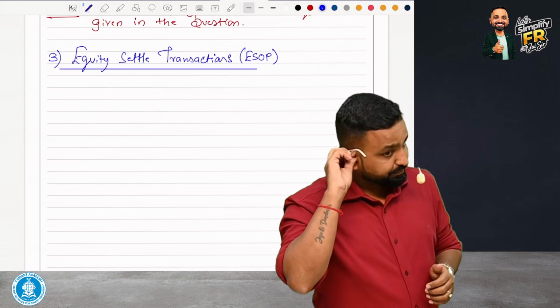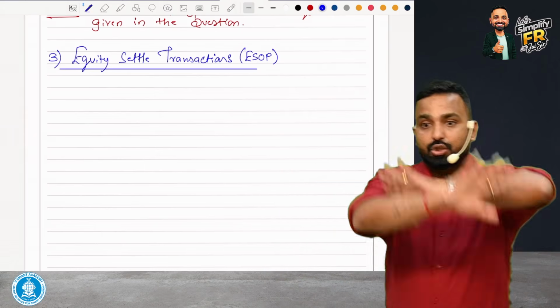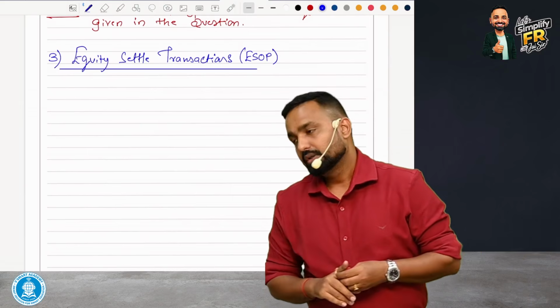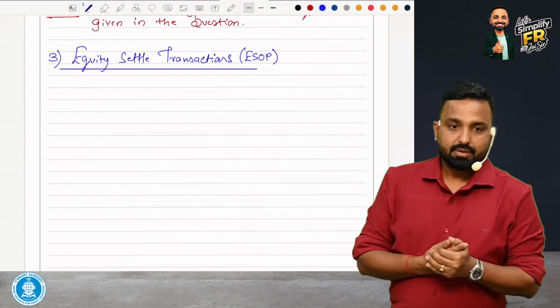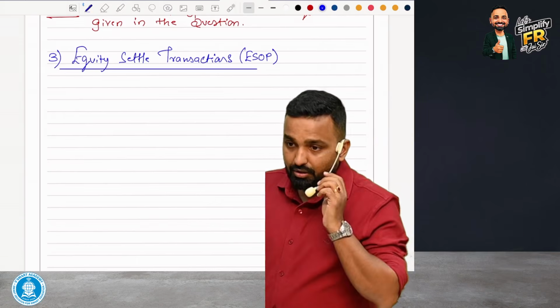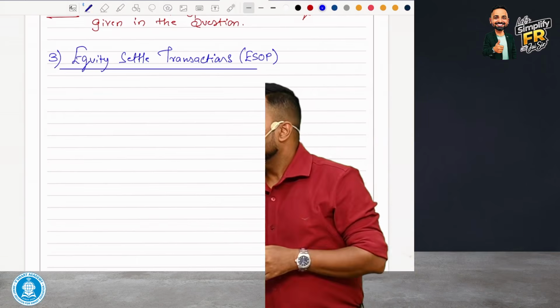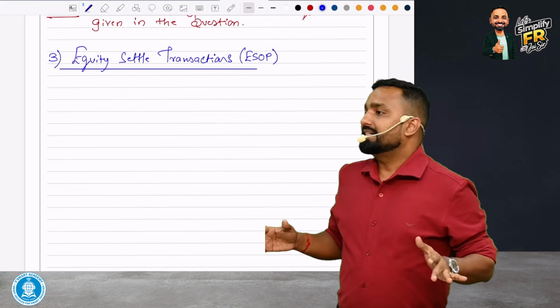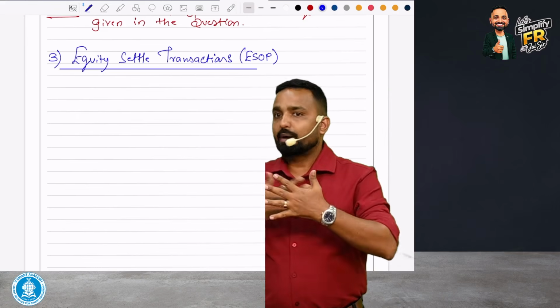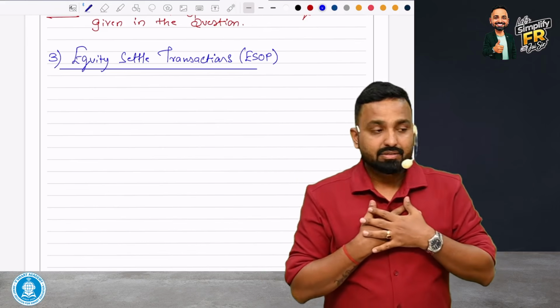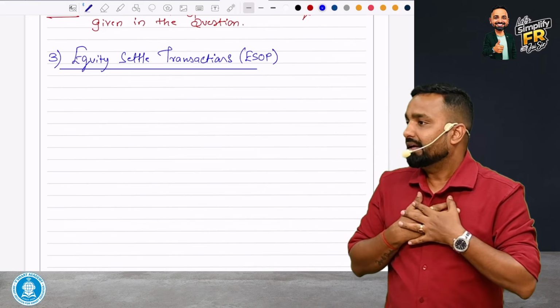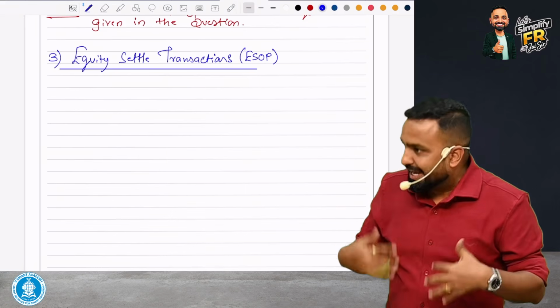Tell me the total value of the offer. 50,000 multiplied by 40 rupees. See, this 20 lakh is considered an expense for the company. Why? Because that much value I am providing to you.